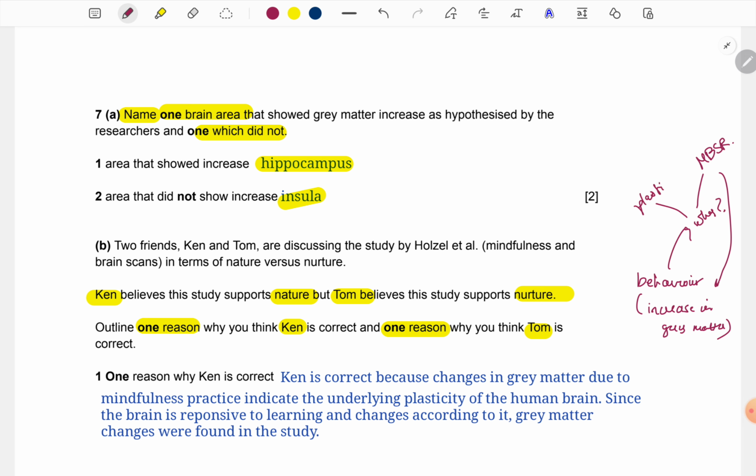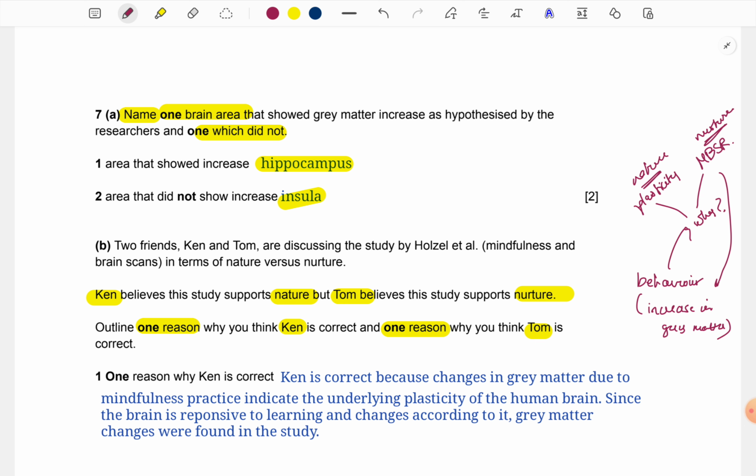Otherwise, it is not possible that someone is practicing some program and the brain is changing. If the brain was rigid or static, it would not have changed. So this supports nurture because the person is learning mindfulness, and this one supports nature because the person's brain is plastic inherently, or genetically the human brain is designed to be such. It's as simple as that.